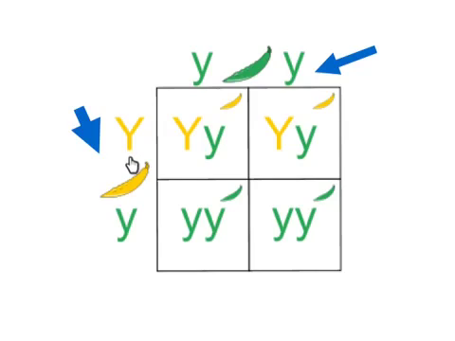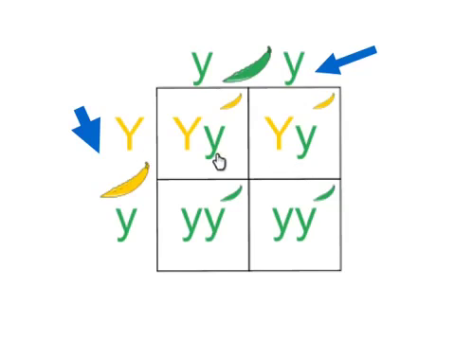So here you have the yellow Y, the big Y, moving to here, and the little y from this parent moving to here. That gives you the heterozygous genotype that you're seeing over here. It's the same thing on this upper right corner.